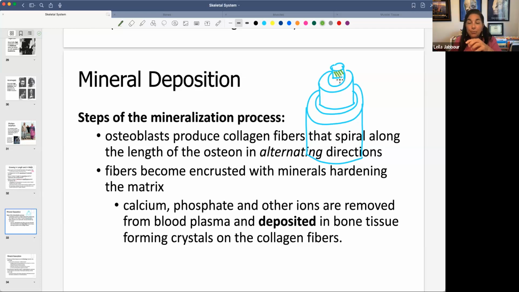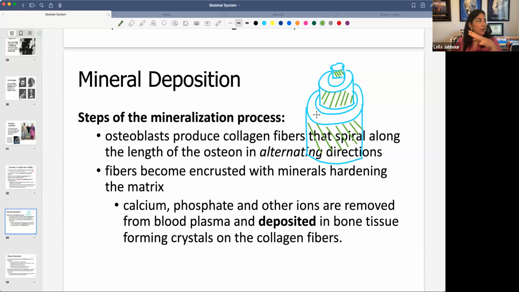These collagen fibers are put in place in an alternating direction. So one lamella will have them all laid out. It's not random. It's laid out very neatly in one direction, and another lamella will be the opposite direction. So it alternates from one direction to another. And this actually gives a lot of strength to the osteons. So this is really deliberate.